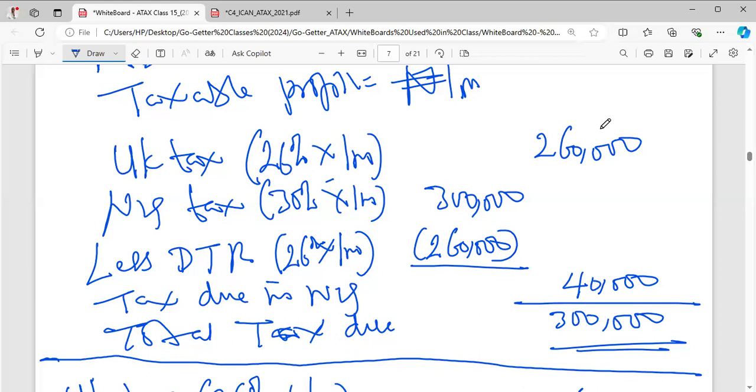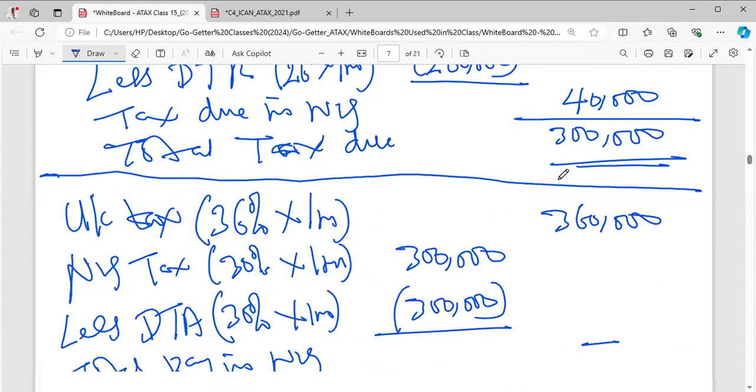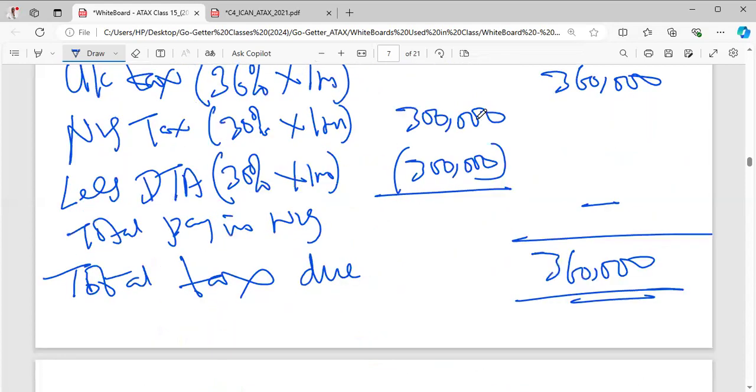So if UK tax is smaller than Nigerian tax, UK tax becomes the relief. Nigerian tax becomes the total worldwide tax paid. Can you see that the same thing holds here? Because Nigerian tax is smaller than UK tax, Nigerian tax becomes the relief, and UK tax becomes the worldwide tax it has paid. So that's what you should know when there is a double taxation agreement.